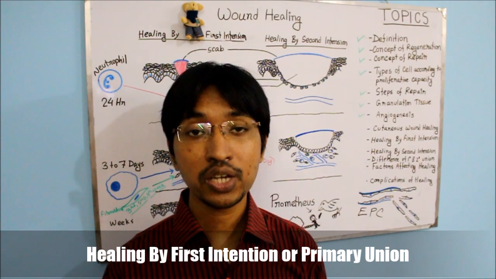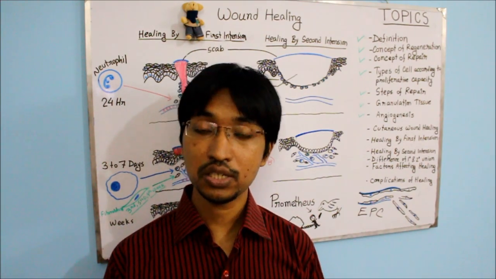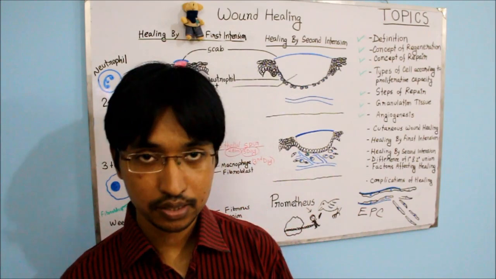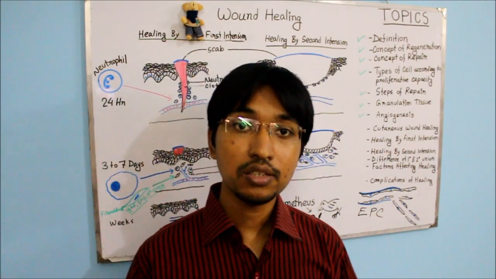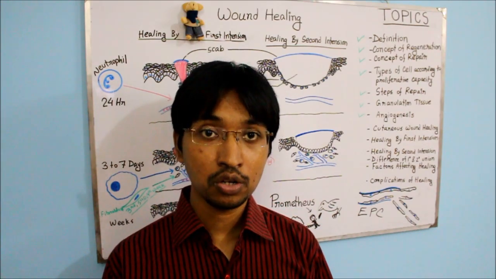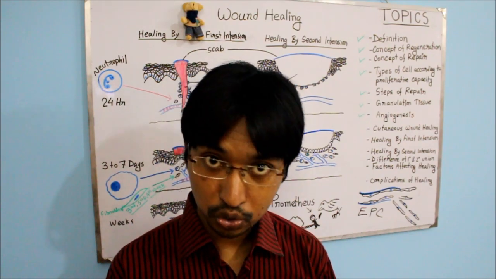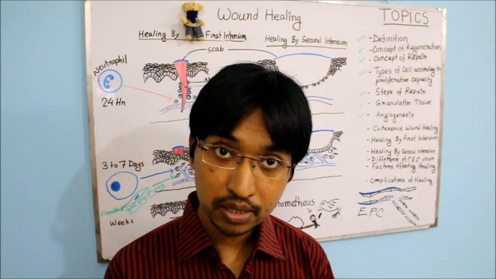Number 1, the wound has to be clean cut wound. Number 2, it has to be uninfected. Number 3, the cut margins have to be closely apposed with one another, say for example with the help of surgical suture or by other means.